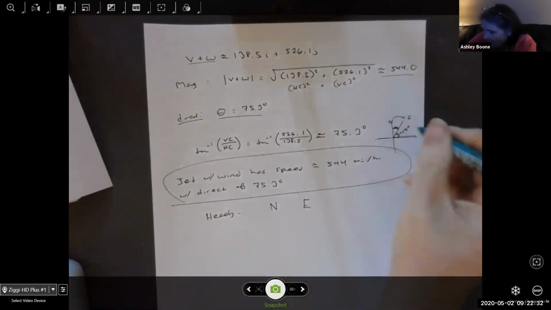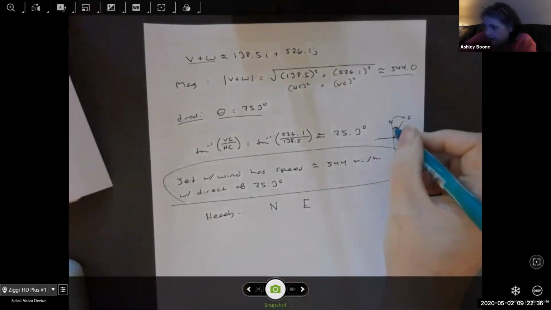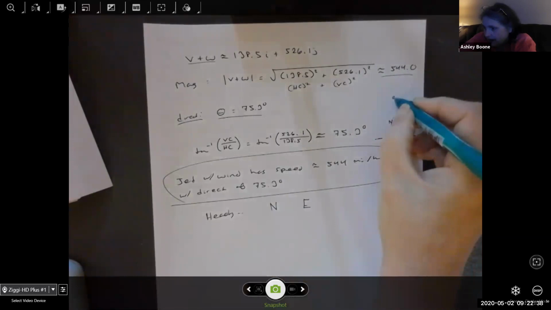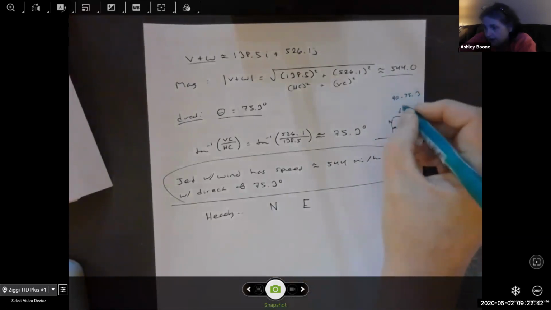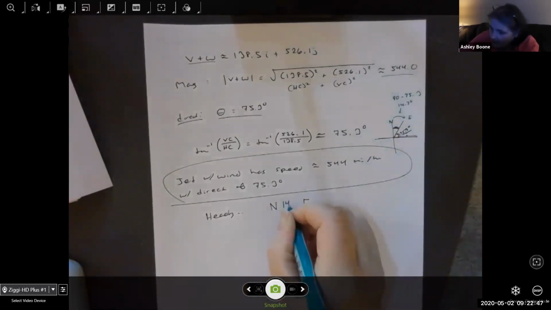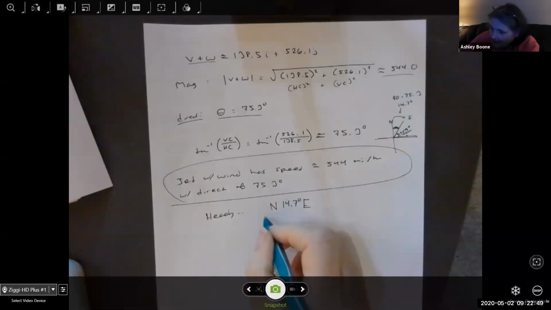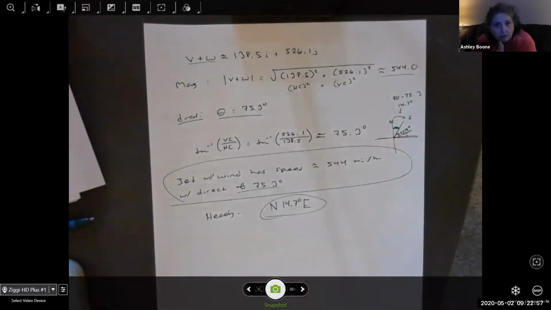We know this little itty bitty one's 75.3. So how can we get that? We can go 90 degrees minus 75.3 degrees. That's 14.7 degrees. North, 14.7 degrees east is the same as a direction angle of 75.3 degrees. Okay, so we know the speed, we know the direction.